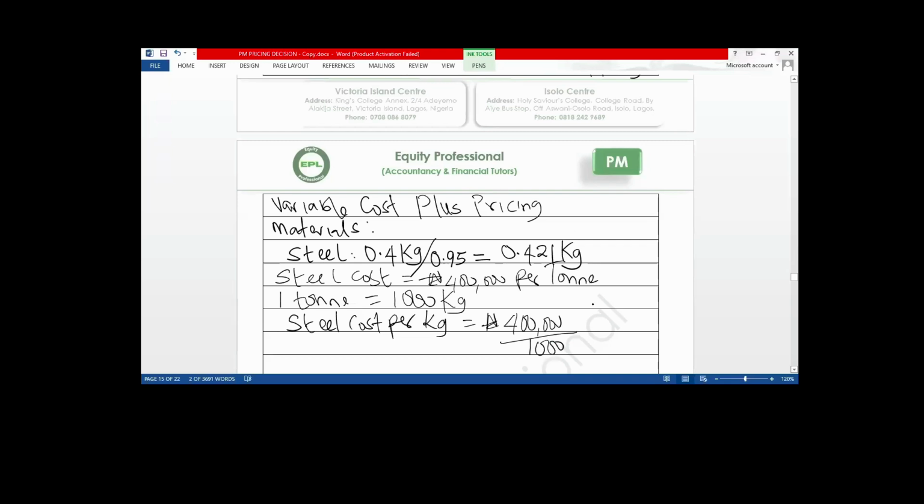If you work this out, the cost per kg will give you 400 per kg. Please watch out.